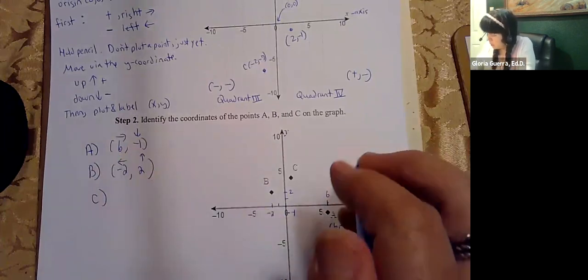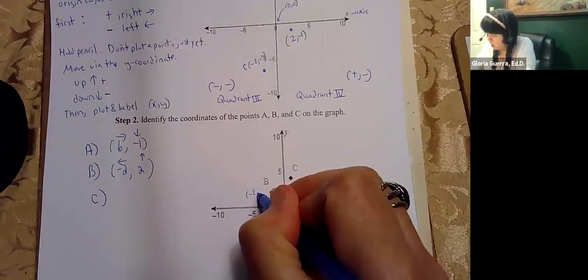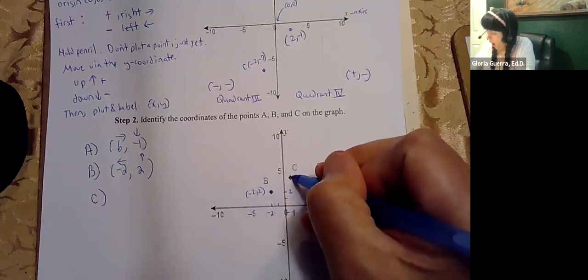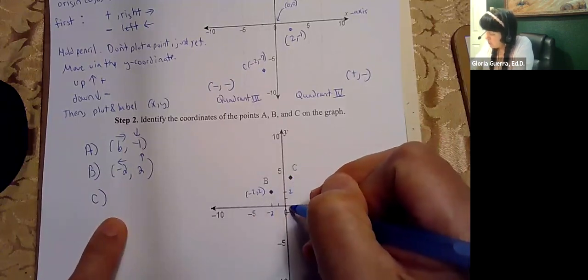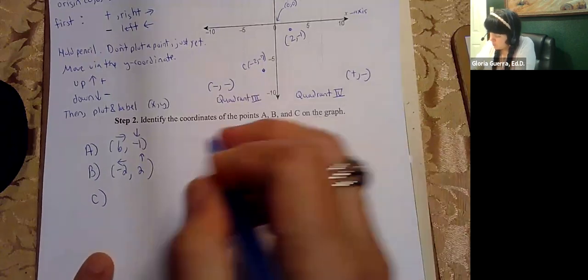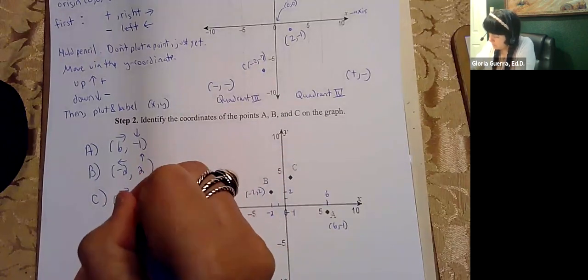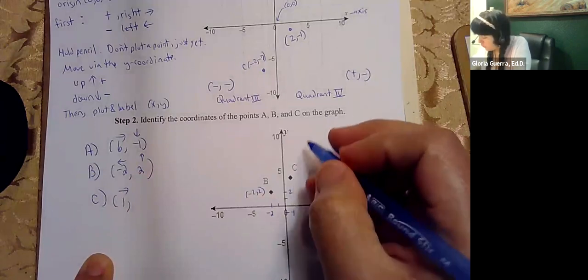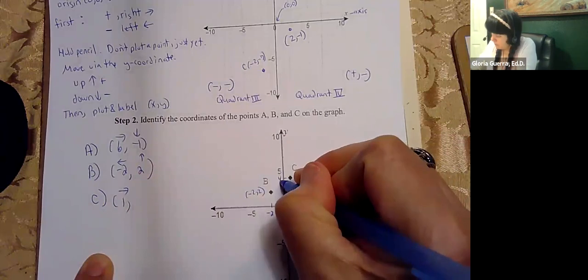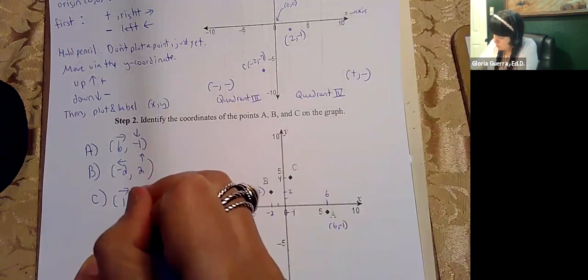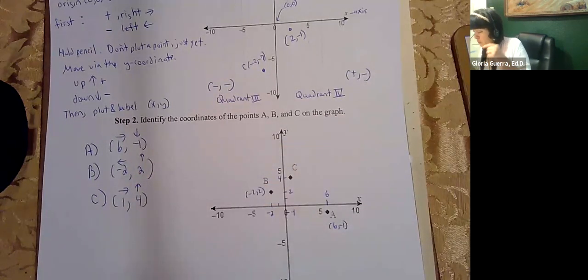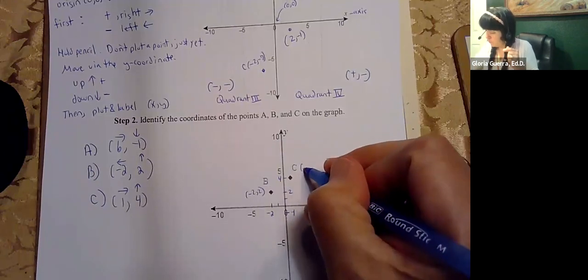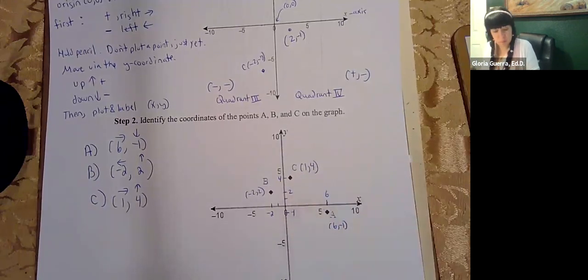C is you went from the origin right 1, and then all the way up about 4, because there's 5 right there. So 1, 4. Okay, so those are all the points that were there.